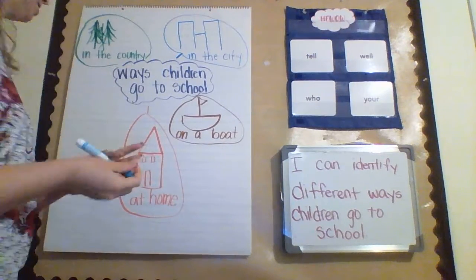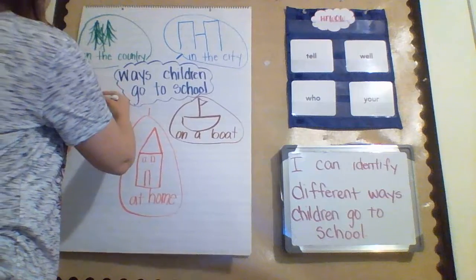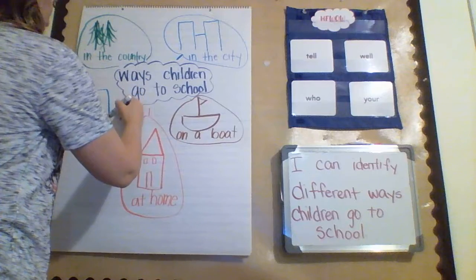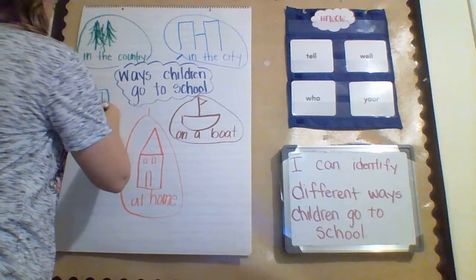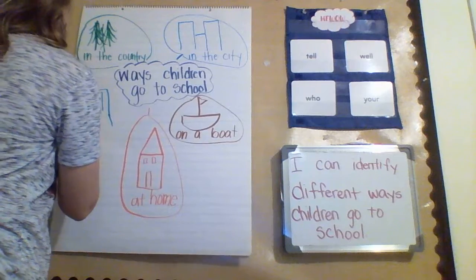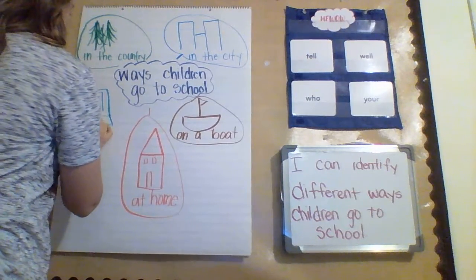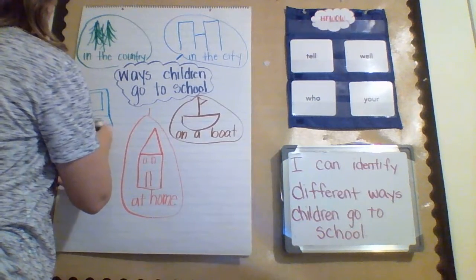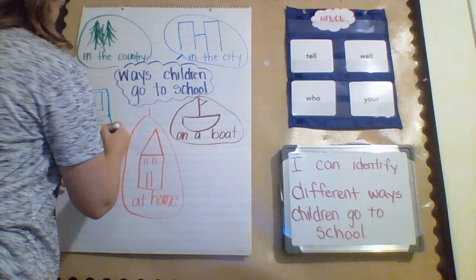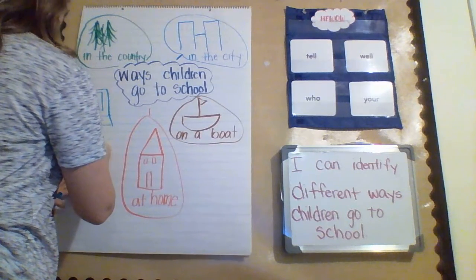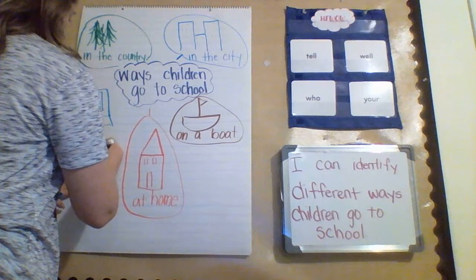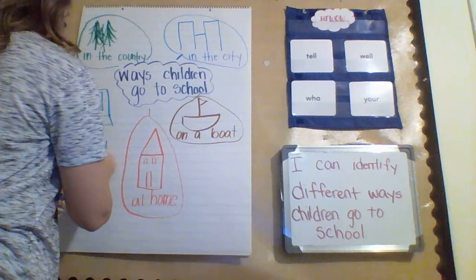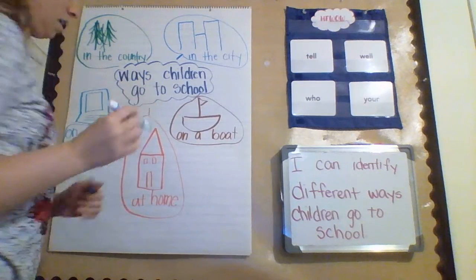Good job. On the internet. So Miss Sweetie is going to draw a laptop, a computer. Here are all the keys. Okay? So I'm going to say on the internet. On the internet. Okay.